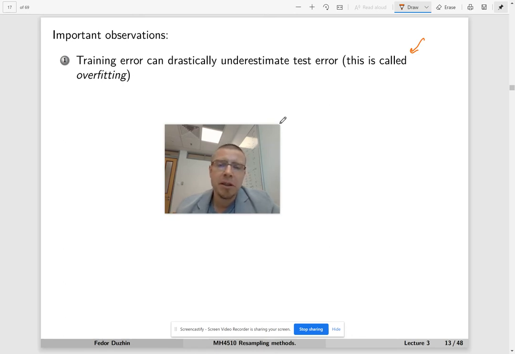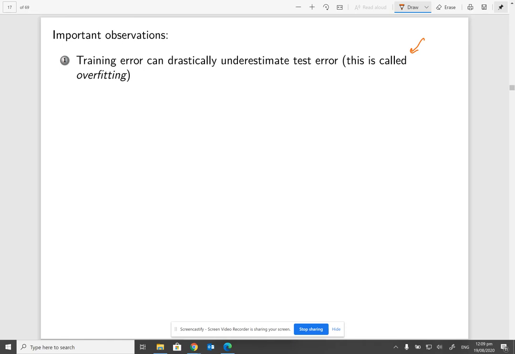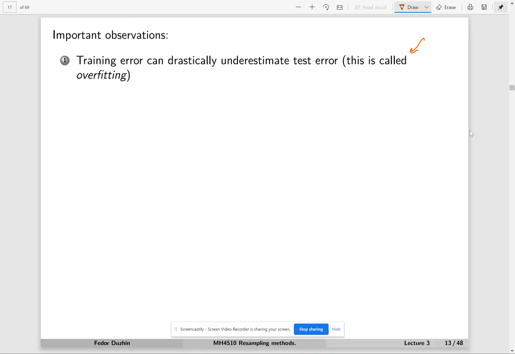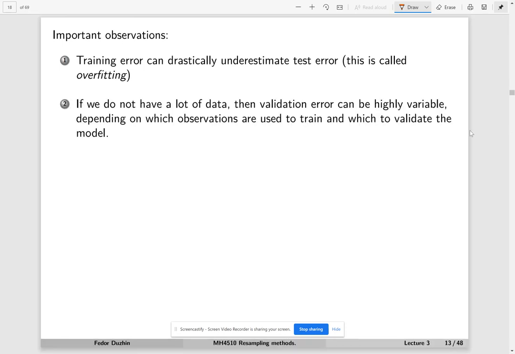This means that when we train our model, it tries to fit random noise rather than the true pattern in the data. And if we do not have a lot of data, this validation set error can be highly variable, right? Which is why it's not really a robust method to estimate.